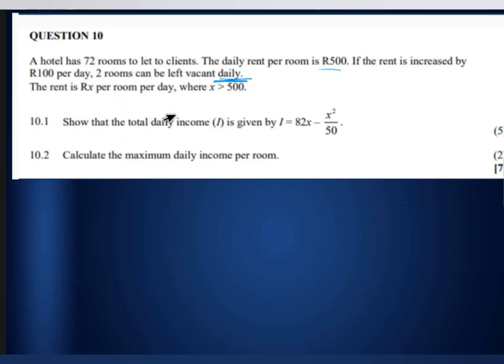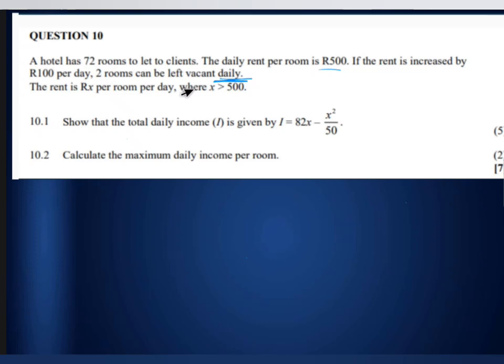So the first time I actually did this question, I didn't get the answer, right? So I'm sure some people did and they did not get the answer, not because they did not have skills, but because of misinterpreting the question. So my misinterpretation was that when I saw 2 rooms can be left vacant daily, I just rather focused on 2 rooms can be left vacant. So I thought it was going to be 70 afterwards. But they said 2 rooms can be left vacant daily, meaning each day they're removing 2 rooms.